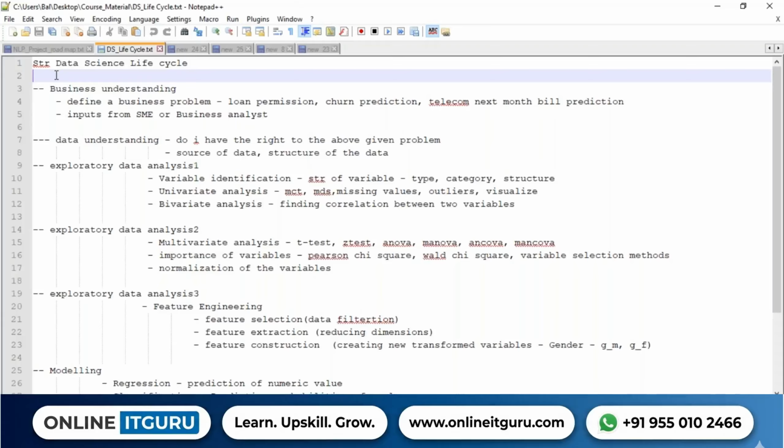And where do we start from? First, to start a data science lifecycle, we need to understand the business problem. What is your business problem? Let's say I want to understand how much credit fraud is happening in my company, or in my bank.